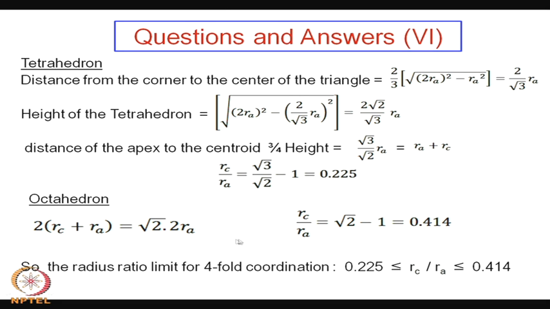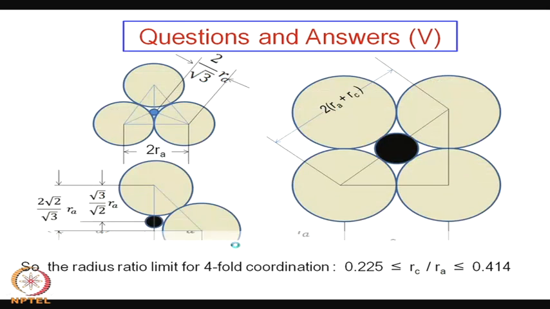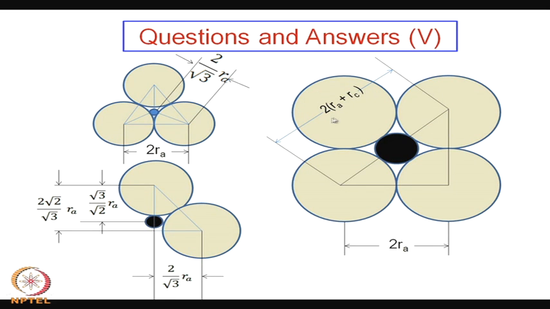Similarly, of course, this calculation is much simpler, the analysis is quite simple in this case. This is the base of the bipyramid here. So, these are touching along this corner. If this is 2 RA, this will be equal to root 2 RA, and that will be equal to 2 RA plus RC.